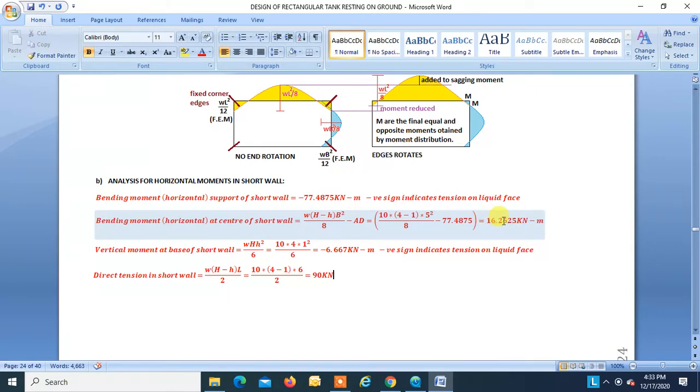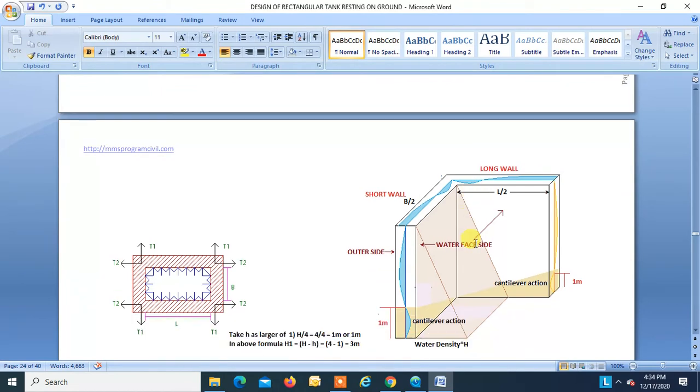This is a sagging moment at the center. Again, let us see the figure. This is negative moment at the support and positive moment at the center. For the short span, the negative moment means tension will be on the water face. The positive moment means the tension will be on the outer face, right?